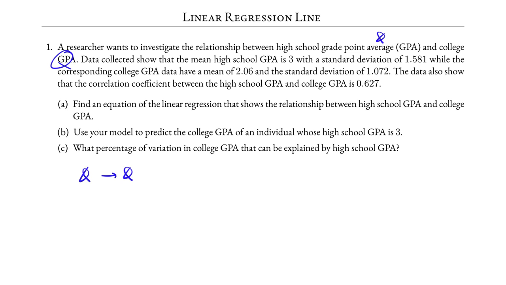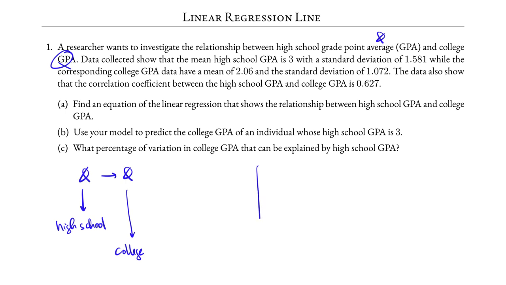There are two variables here, high school GPA and college GPA for the same individual. And so we would need to follow the chronological order, what goes first. And so the explanatory variable will be the high school GPA, and the response variable will be the college GPA.